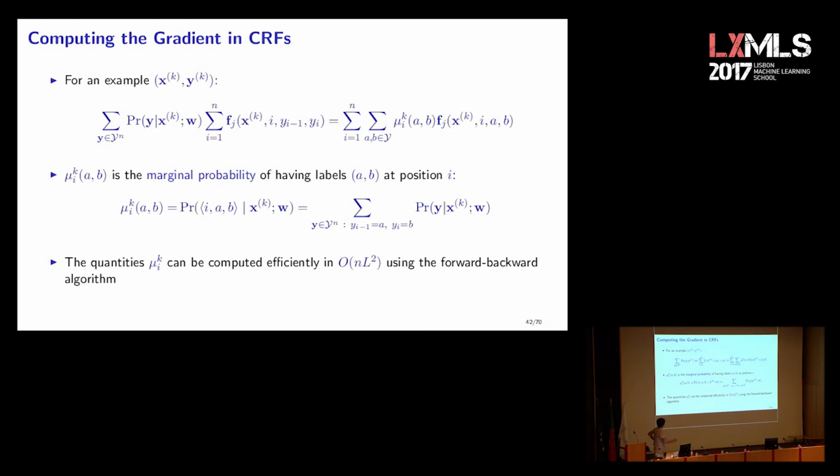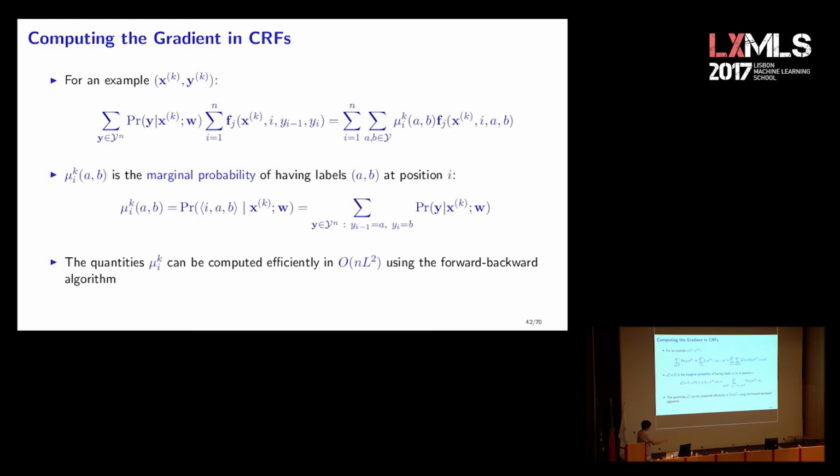So I have a model that, given an input sequence, I want to compute the probability of observing not a full sequence, but just a part of it, okay? How I define this is by summing the probability of all the sequences that have this factor I'm interested in, okay?